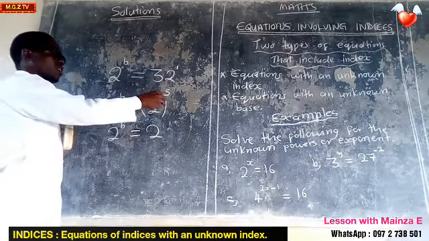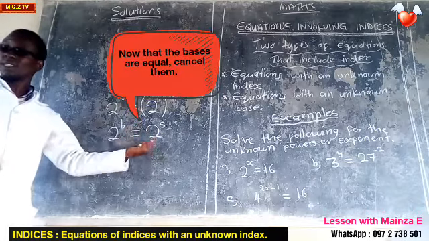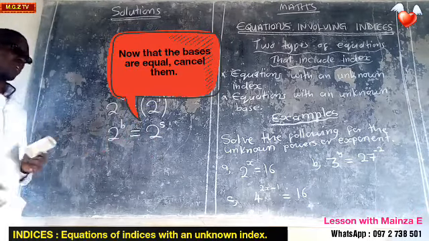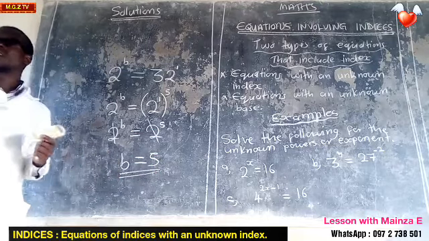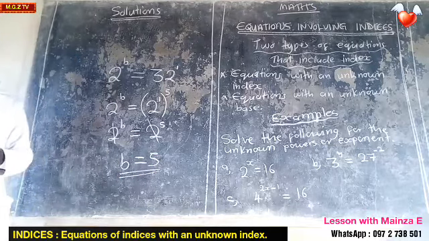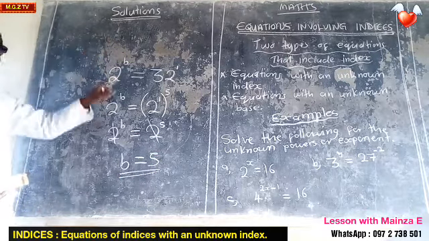Knowing that the bases are the same, what you do is cancel them. What is remaining on this side is b equals, and on this side 5, and this is the end. So the value for b is 5.